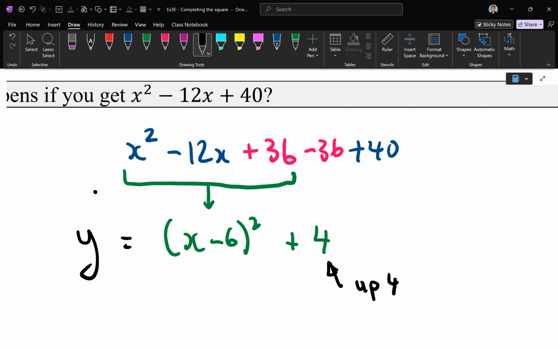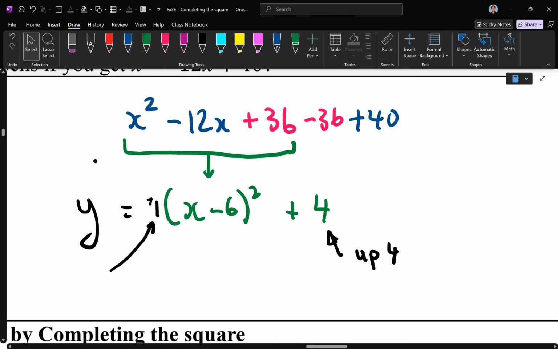What else do I know about the graph? Let's look at the number in front of the bracket, which even though they don't write it, it's technically a positive 1 there. What's a positive 1 tell me? Let's go with Adi. So looking at this equation, what's the number in front of the bracket squared mean again? This is from last session. If A is positive, what does it tell us?